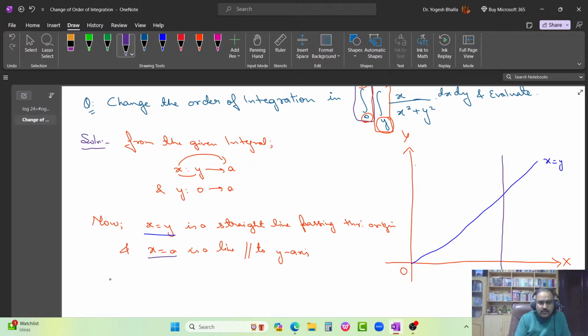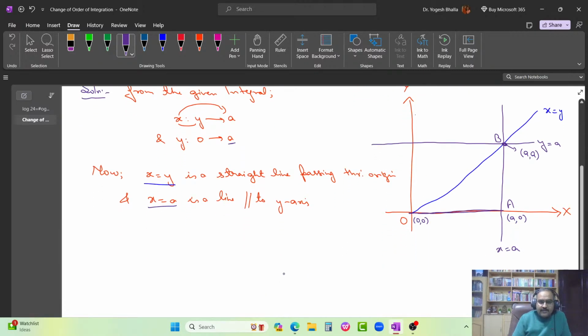Y equal to 0 is the x axis. And y equal to a is the point where the coordinates are x equal to a, y equal to a. The coordinates of this are 0 and 0, and here we have x as a and y as 0. So I'll name them O, A and B.